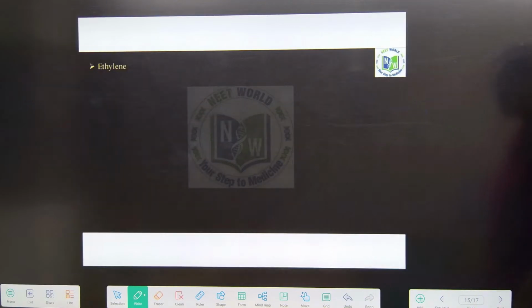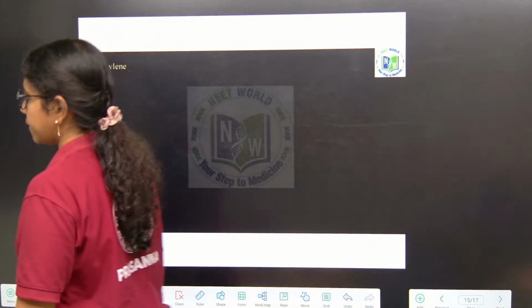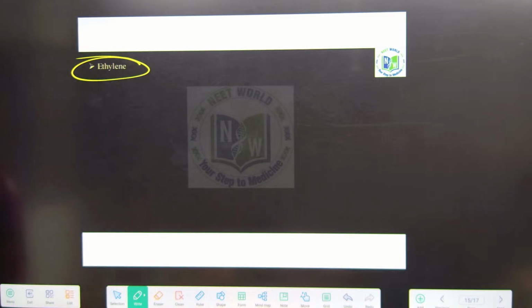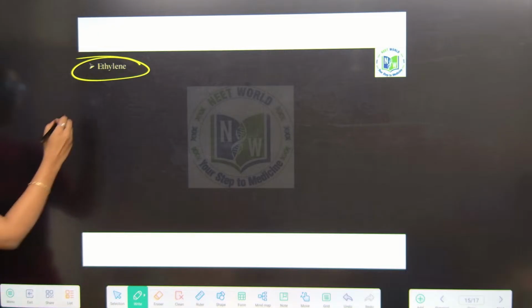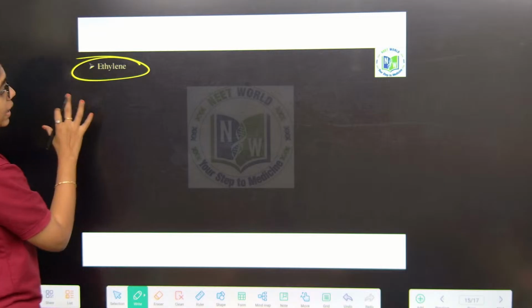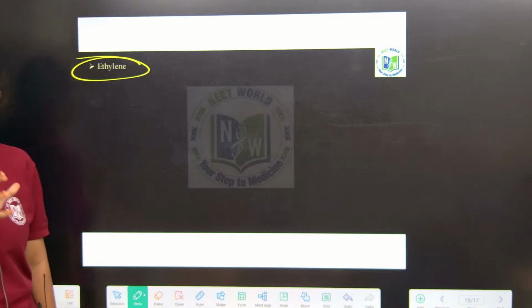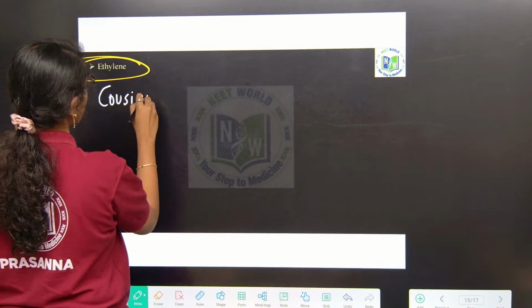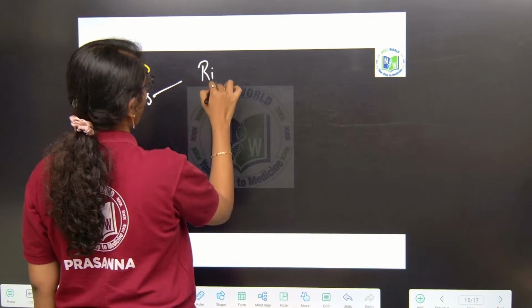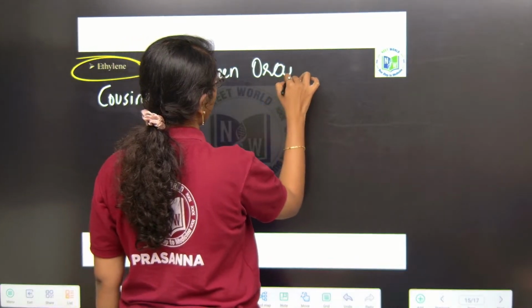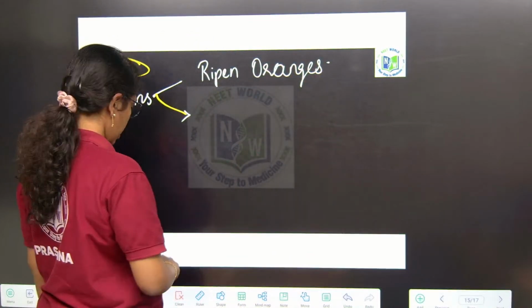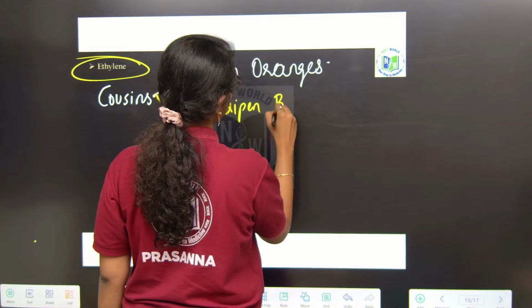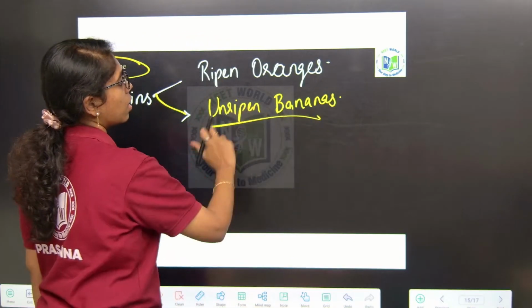Next, ethylene, the last phytohormone. Ethylene was first observed as a gaseous hormone by the scientist Cousins, who observed that ripened oranges, when placed around unripened bananas, made the bananas ripen.